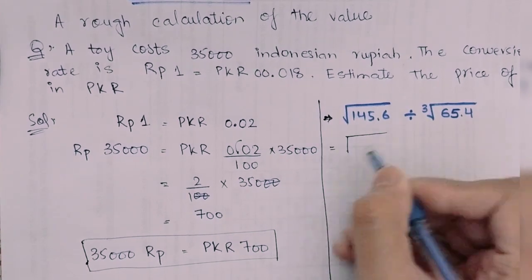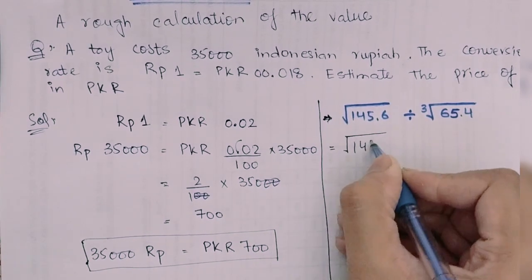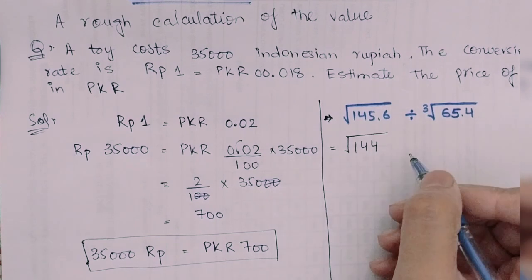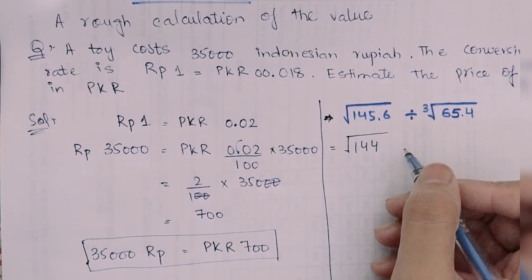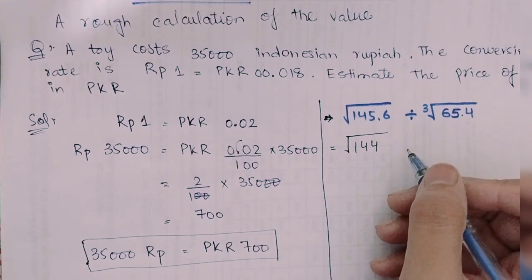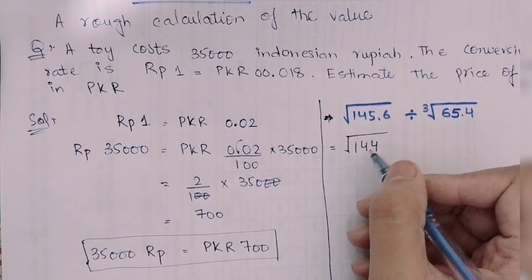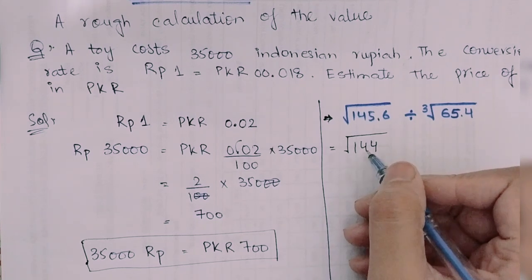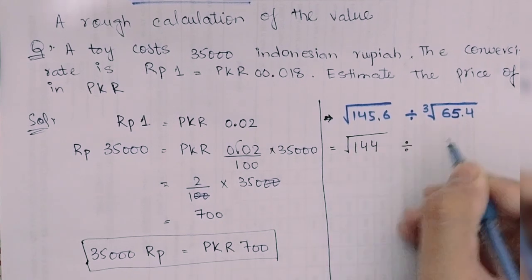For example, I know the square root of 144 and it's a perfect square. It means you don't get any value in decimals, you get just one whole number, which is the square root of this number. Similarly for the cube root.